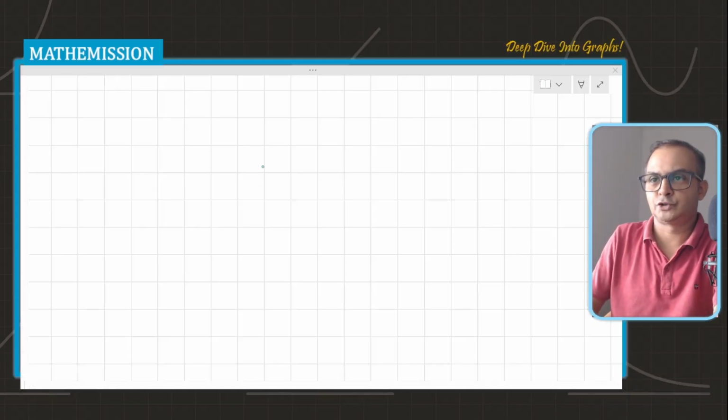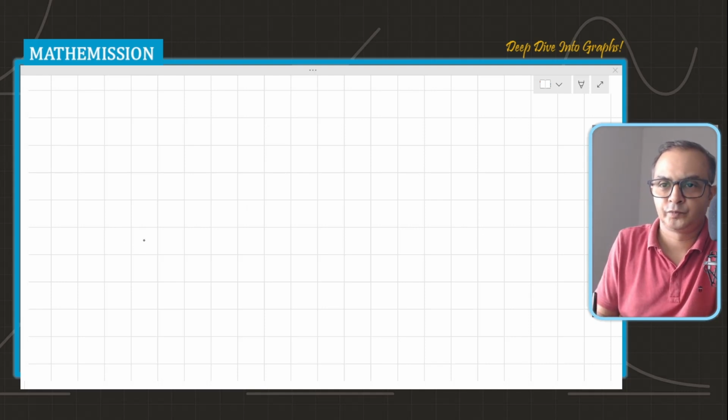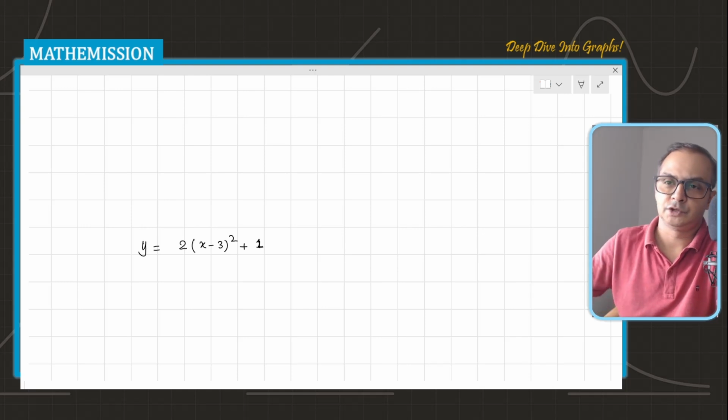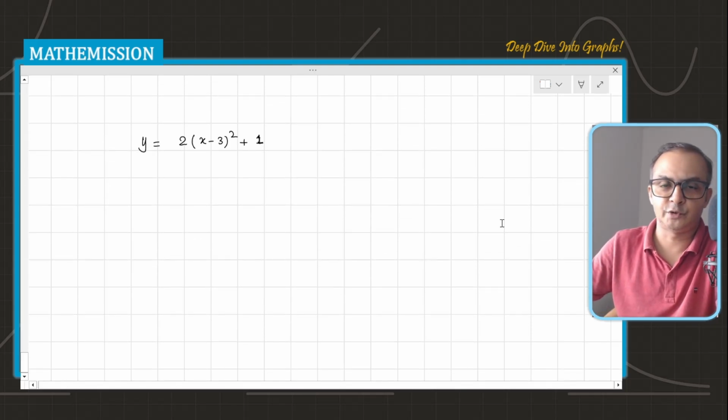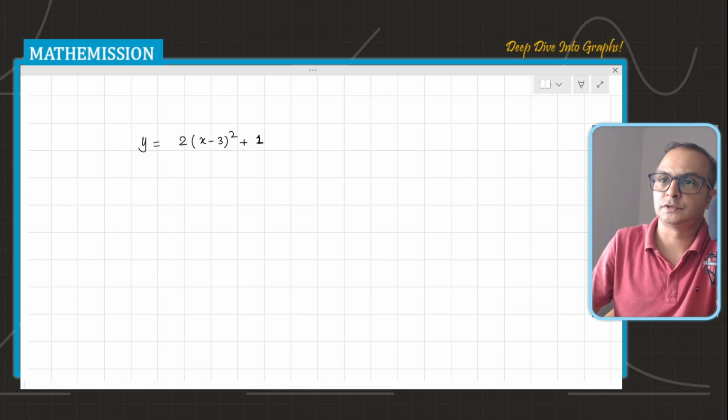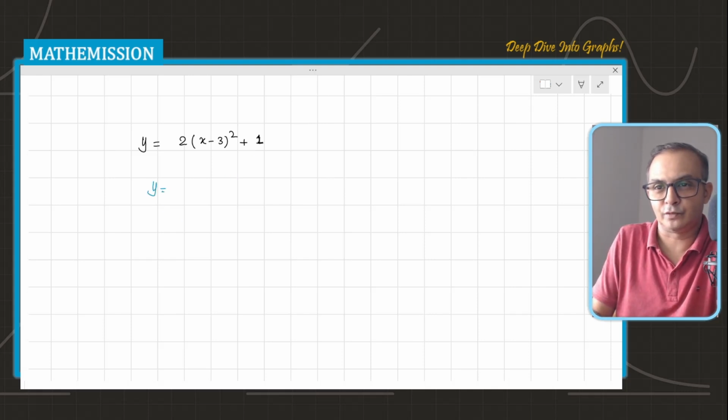Now let us try to draw the graph of y is equal to twice of (x minus 3) the whole square plus 1. So to draw it, first of all we have to identify what is the basic graph it is coming from. So the basic graph we have to understand is y is equal to x squared.